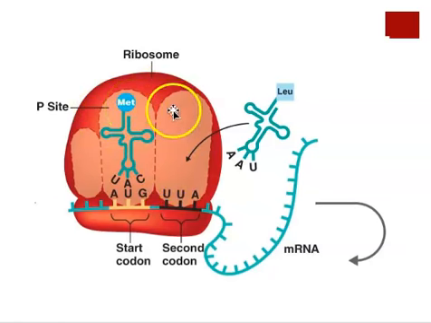Now, they're showing us these three sort of oval areas on top of the large subunit, and these represent actual hollowed out areas inside the large subunit of the ribosome. So you have to imagine the large subunit in three dimensions, sort of like a large ball.